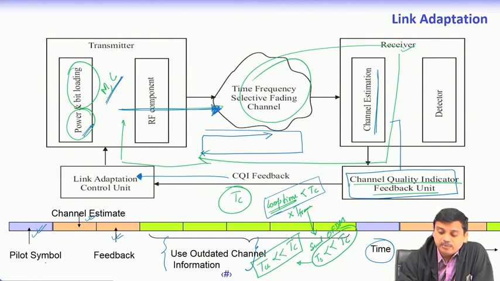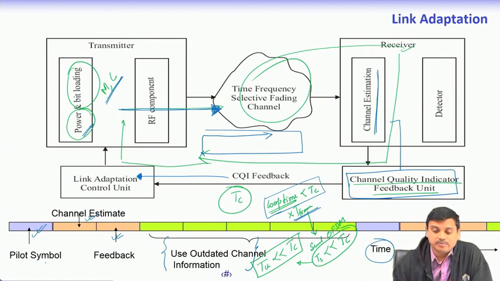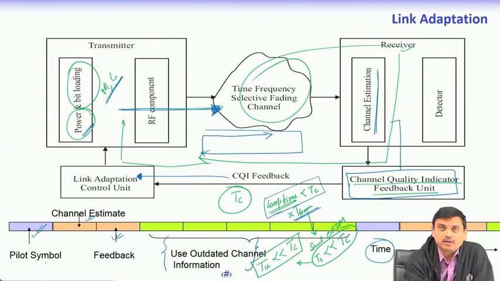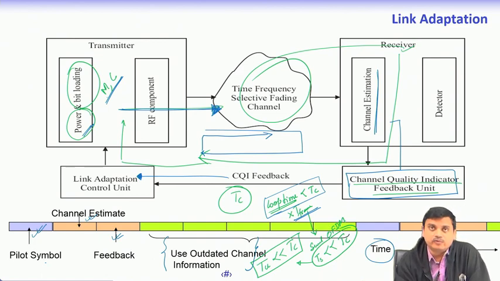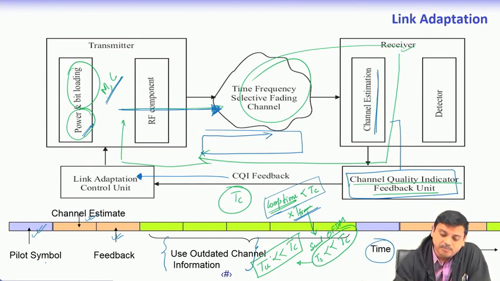Now, a loop time uses several frames, because when the transmission happens, it happens in frames. So, at least one transmission followed by another transmission, at least 2 frames come into picture, and each frame consists of several subframes. Each subframe consists of several symbols, right. So, what we effectively see is that multiple symbols, a large number of symbols, should lie within the coherence time.